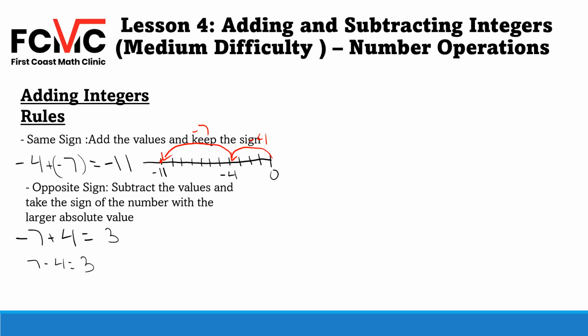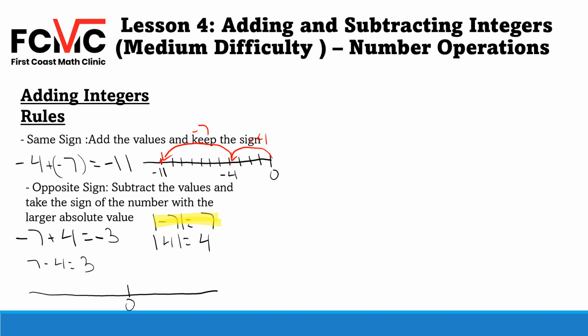The absolute value of -7 is 7. The absolute value of 4 is 4. So -7 has the larger absolute value, so our sign should be negative. Now think about this in terms of a number line. We start at 0.